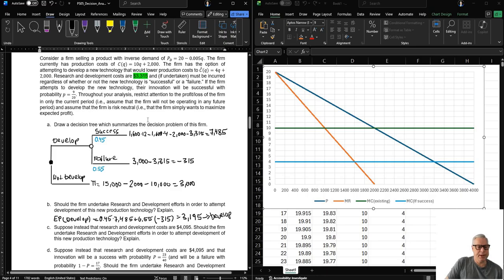Okay, so next question. Suppose instead that research and development costs are 4,095. So should the firm undertake research and development efforts in order to attempt development of this new product? Okay, so now we have a new scenario, which is instead of having 3,315, we have 4,095.